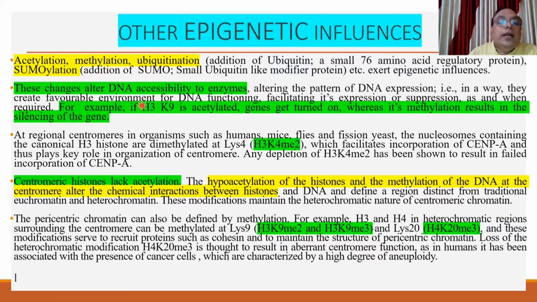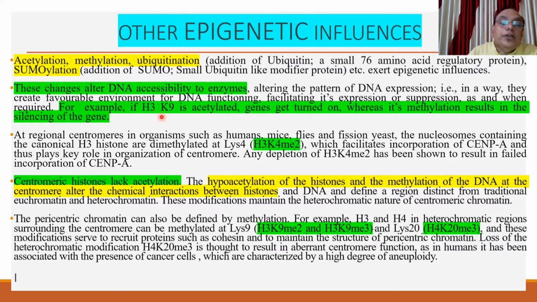So there is a slot. The slot is histone 3, number 9 amino acid, lysine. And now you can see that additions of two groups have diametrically opposite influence on the expression of the DNA. If K9 is acetylated, then DNA will be expressed.